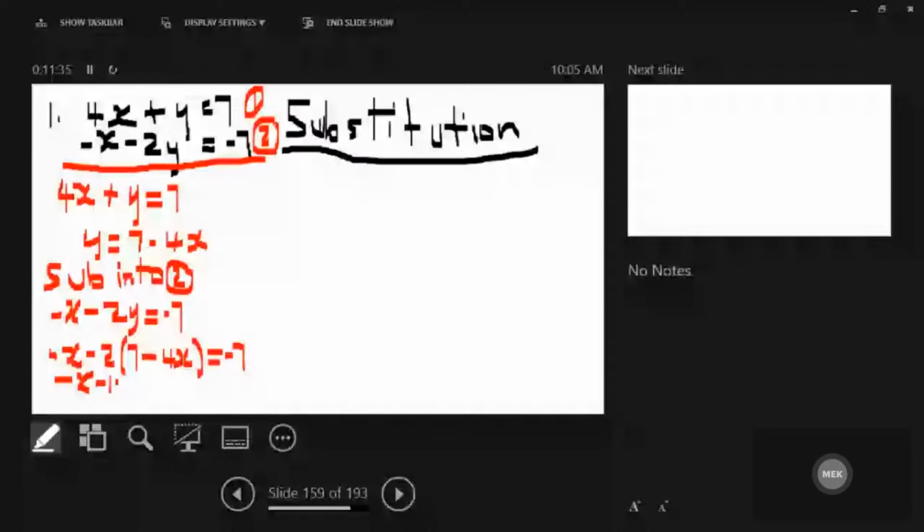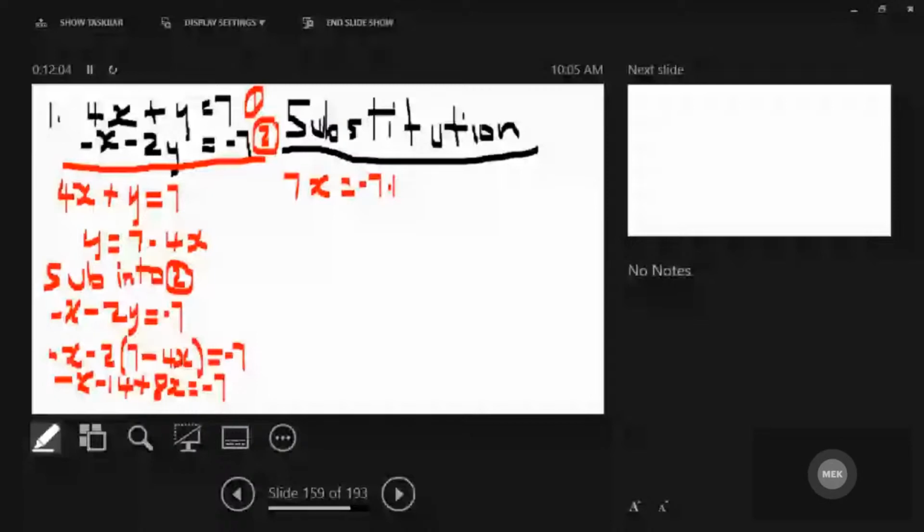Negative 2 times negative 4x is positive 8x, equals negative 7. And now we can combine the x terms: -x plus 8x is 7x, and carry over negative 14 to the right, we'll have negative 7 plus 14.